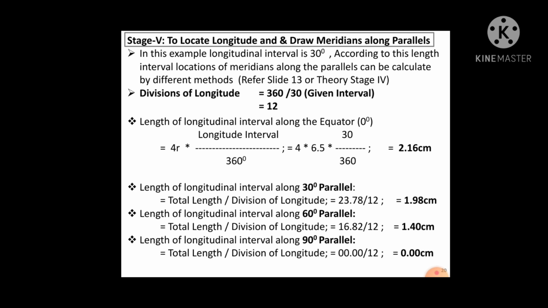Once you have done this, you will have the picture on your paper with the complete parallels and the complete circle of 90-degree east and west meridian, the vertical prime meridian, and the marks along the different parallels of longitude. Those marks are longitudinal marks.